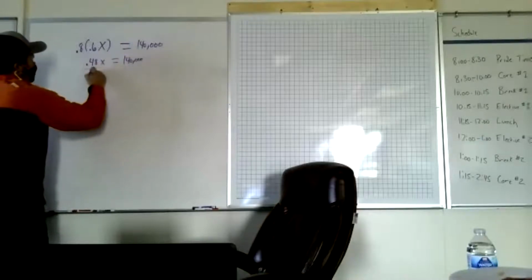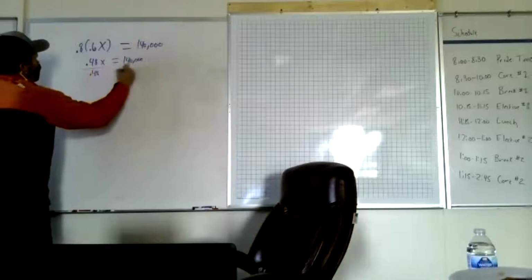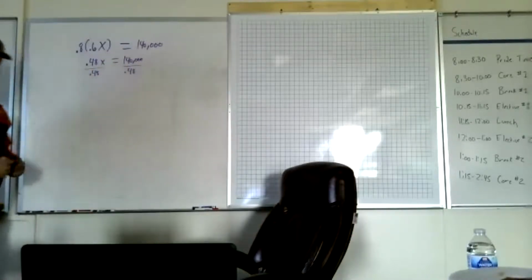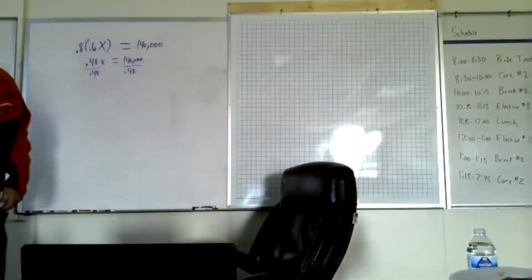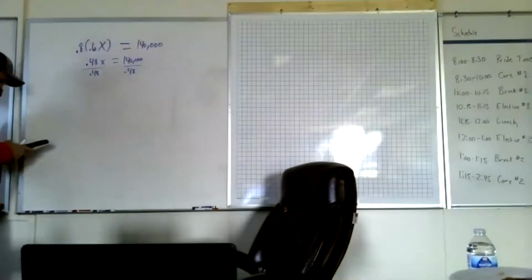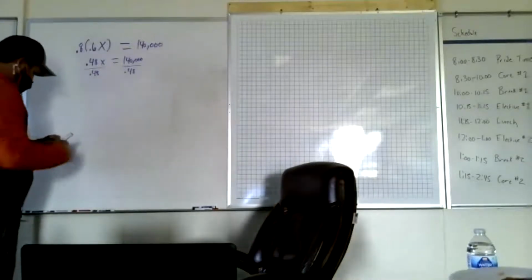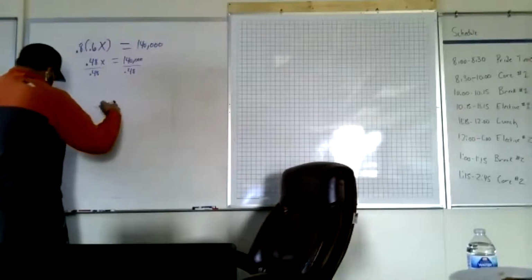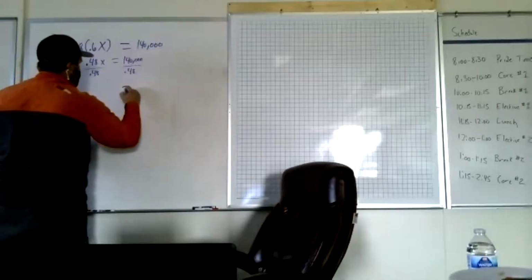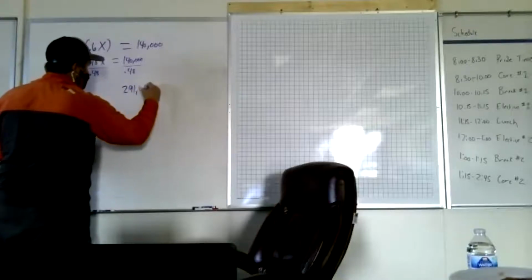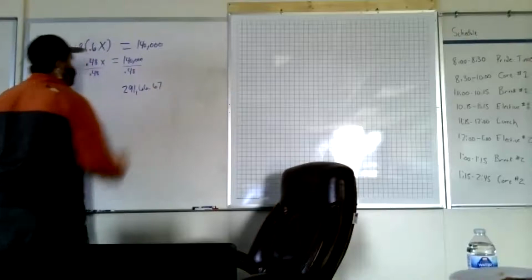Then if we divide both sides by 0.48, I'll hit my calculator with this because I can't do that one in my head. 140,000 divided by 0.48 gives you 291666.67.